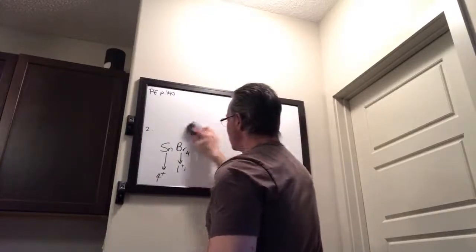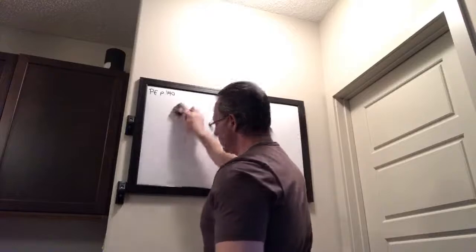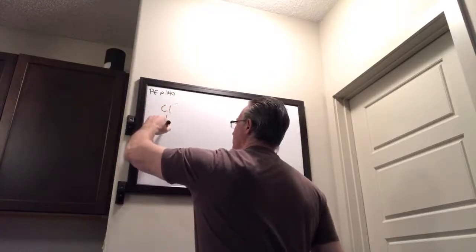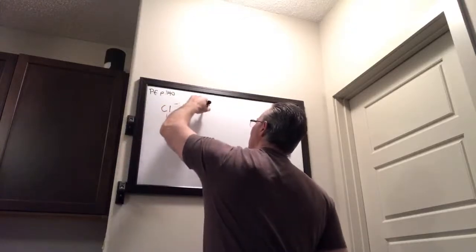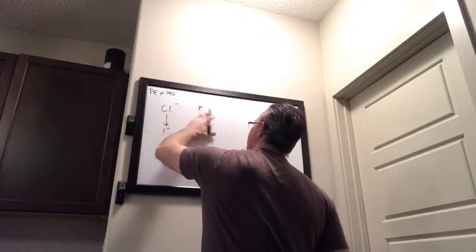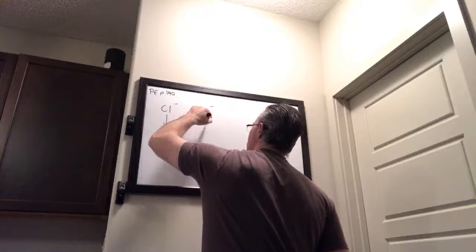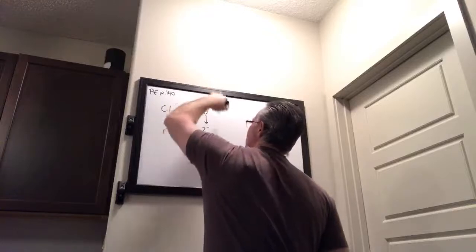So let's look at the oxidation state of chlorine. For chloride, it's got a -1 charge. That's pretty easy. It's -1. If you have hypochlorite, which is -1 charge, oxygen is usually -2, but the whole thing is -1.